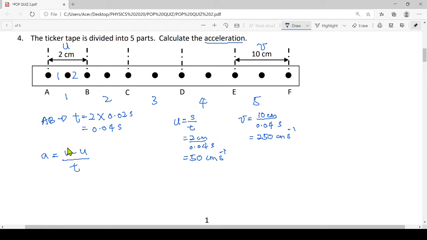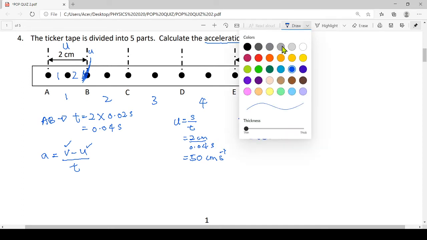Alright, so now I know my V, I know my U. So what is my T? So remember, from A to B, my initial velocity is here at this point here. That is my initial velocity, and my final velocity only exists at this point. So let's count. So I will use different color for that.